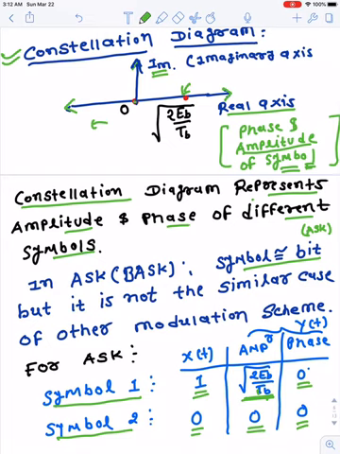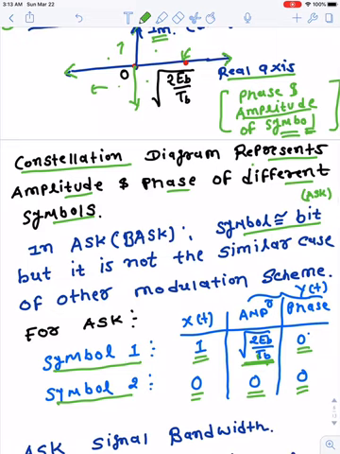If something is purely imaginary and positive, we can put it up here. If it is imaginary and negative, we can put it over here. If something is complex, with some real part and imaginary part, we can put it here, here, here, or here, depending on the phase angle. So this shows the constellation diagram, which simply represents the value of a symbol with its amplitude and phase.